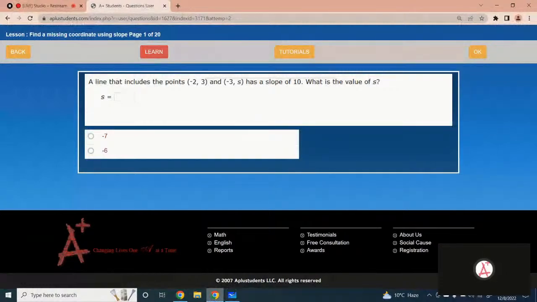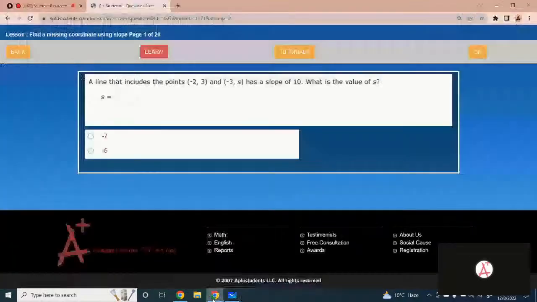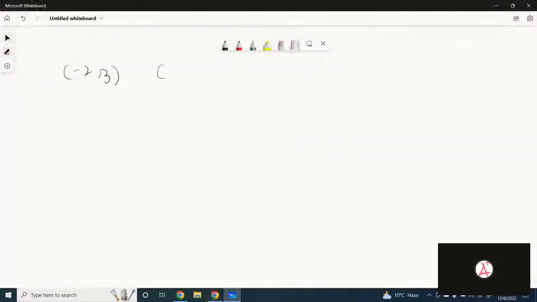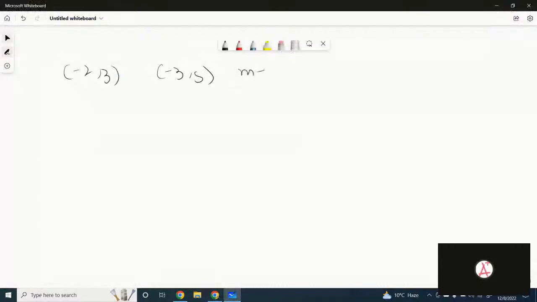What is the value of s? The points are (-2, 3) and the second one is (-3, s), and the slope given is 10. M equals 10. Got it?